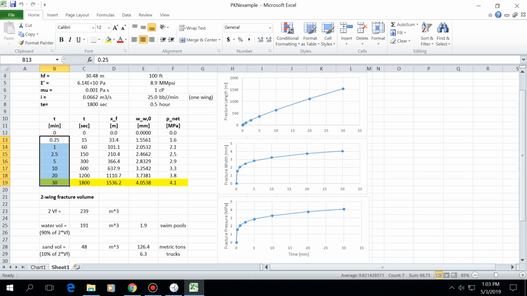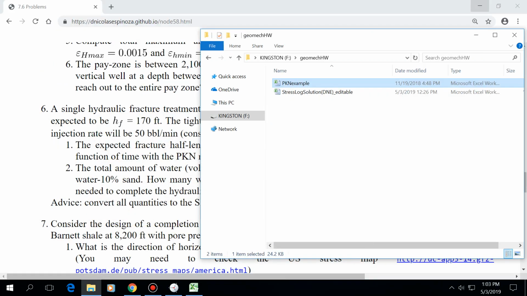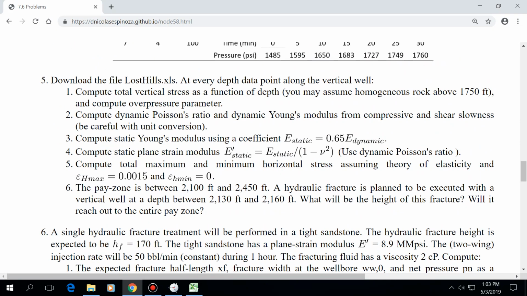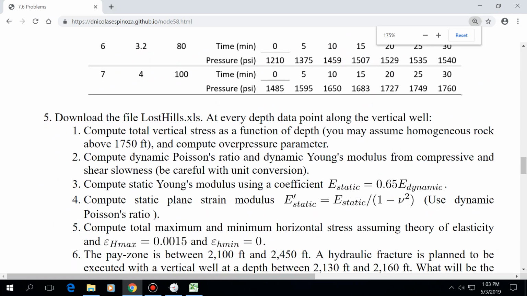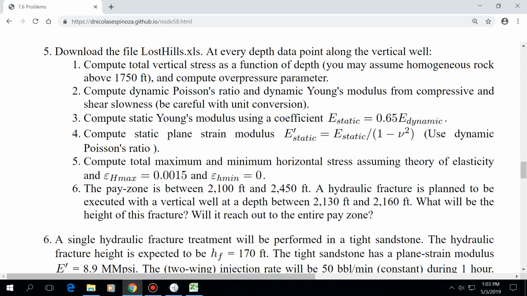Okay, so if there are no more questions, we'll go to number 5, which involves computing or determining the fracture height. So how are you guys doing with that one? More or less done?